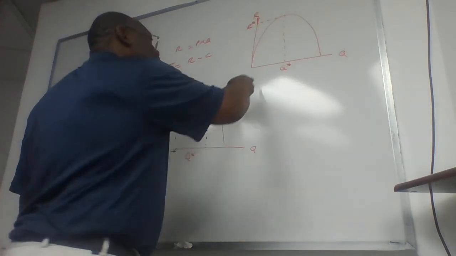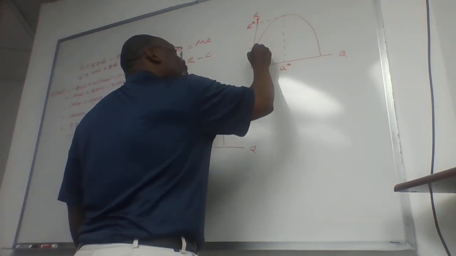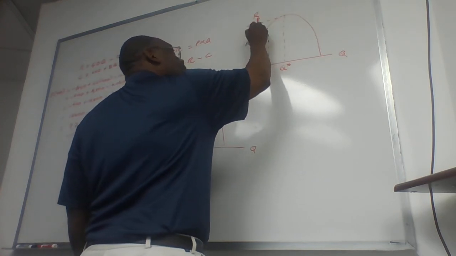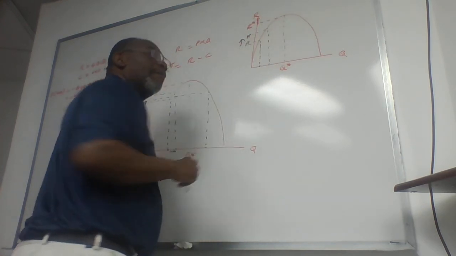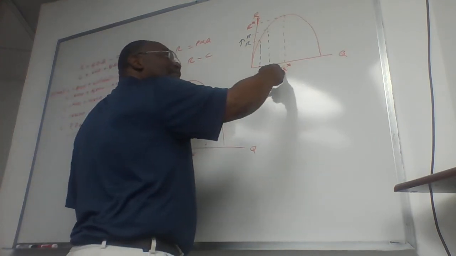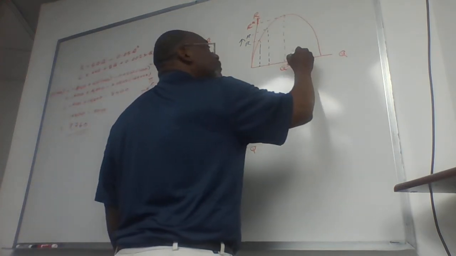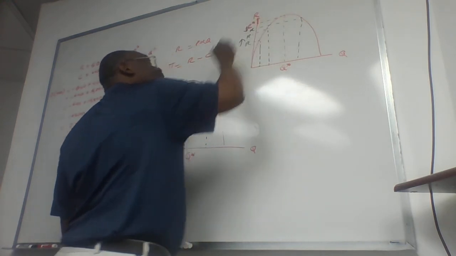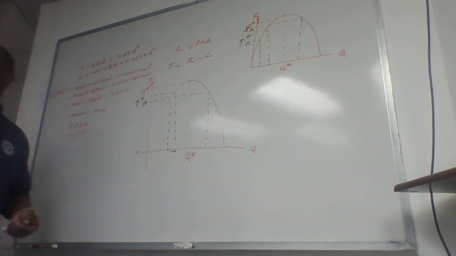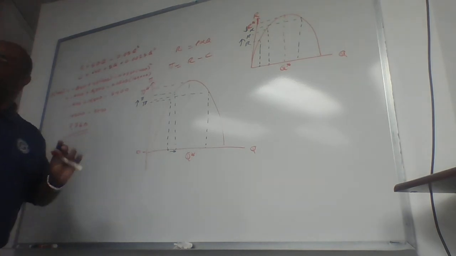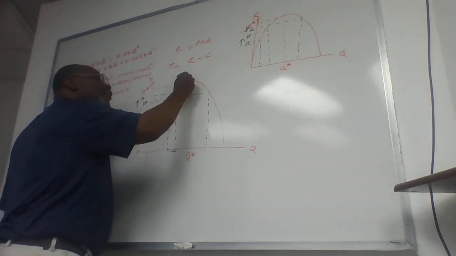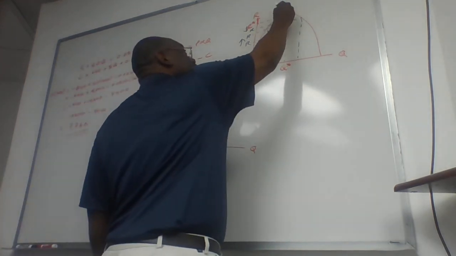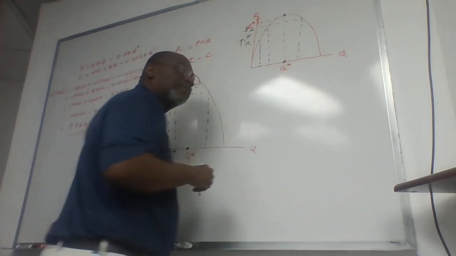If this is our revenue and we produce here, clearly if we increase production, our revenue goes up, and we continue to do that until we get to this point. If we go past this point, our revenue falls to less than what it could be. So all of our work is to find this point and this quantity.